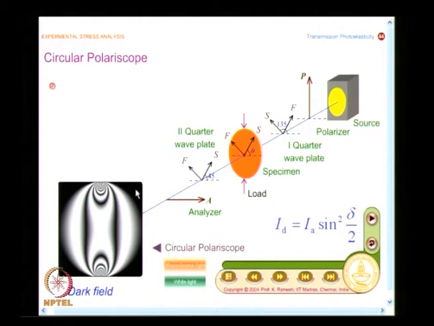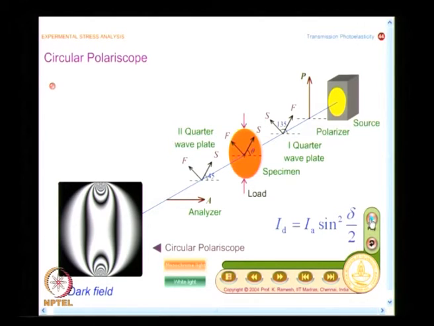I see the background as dark, and I see fringes also in a particular fashion. If you recall, in a plane polariscope we had only the dark field, we never looked at the bright field. Bright field was not giving any information. And here I have the light intensity transmitted as I equals A sin squared delta by 2.